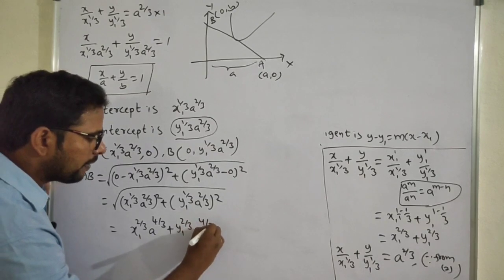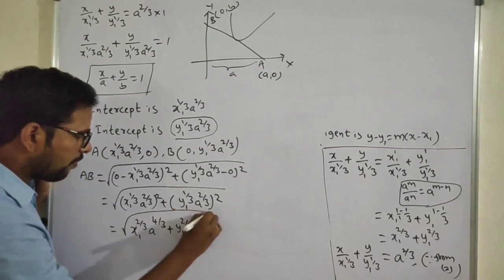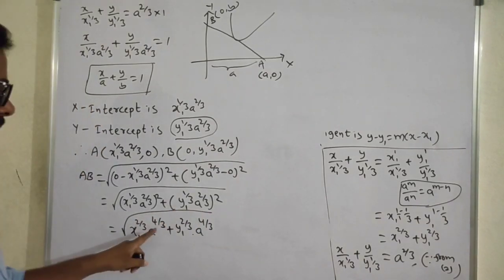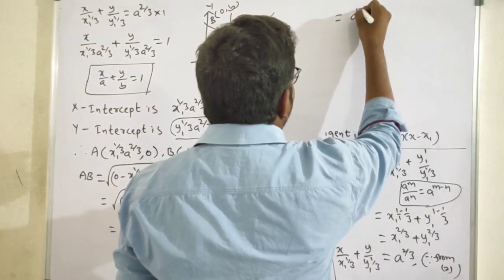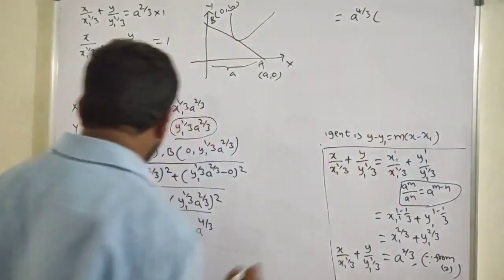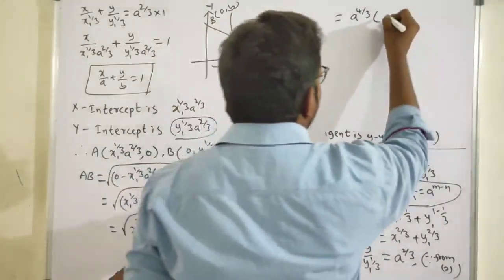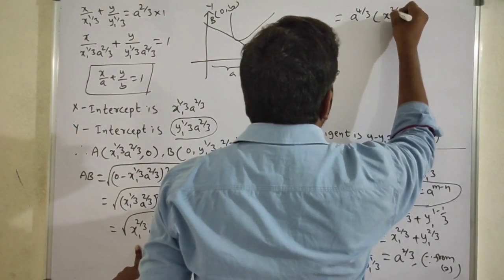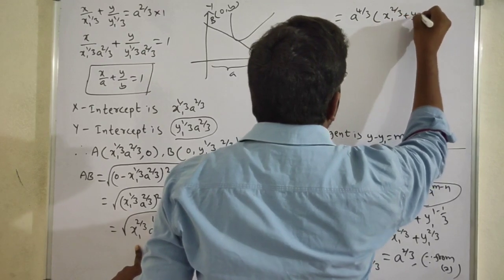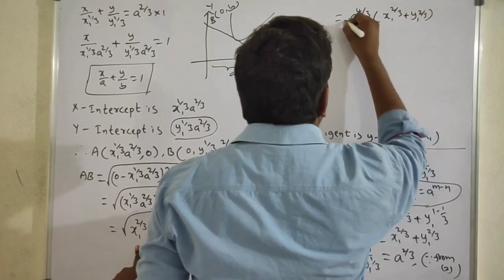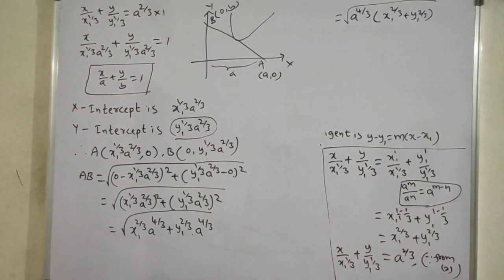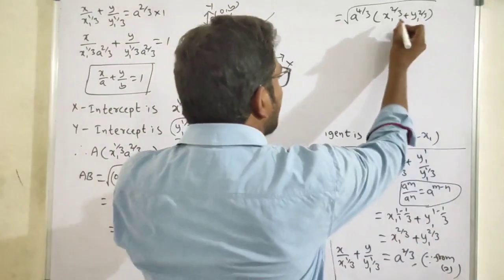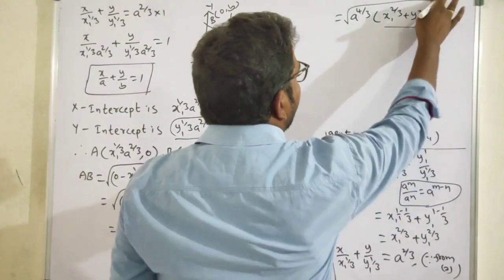Taking a power 4 by 3 common, the remaining is x1 power 2 by 3 plus y1 power 2 by 3, under root. So what is this value?